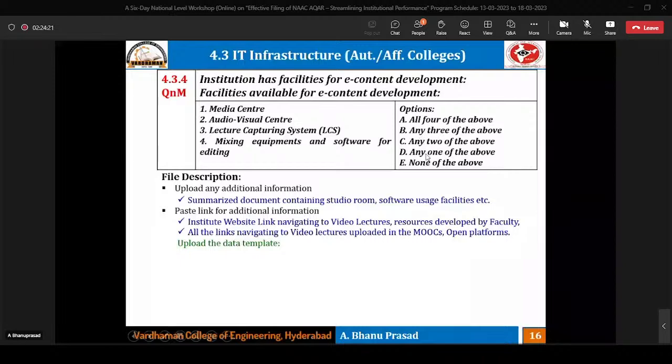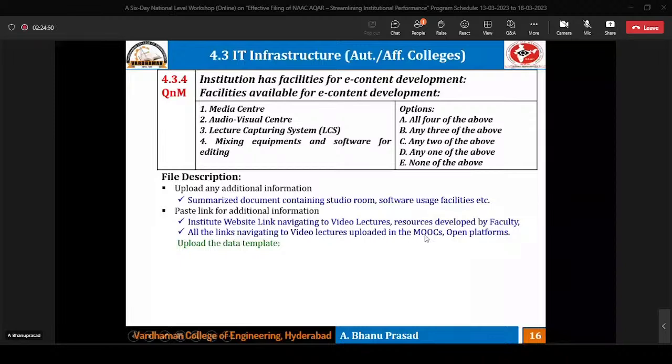So that's what we maintain, studio room or whatever name you give, video lecture room or studio room. So you can upload all the documents, the purchasing bills and software usage facilities. And you can give the links to the video lectures and resources developed by the faculty, and links navigating to the video lectures uploaded in other databases.